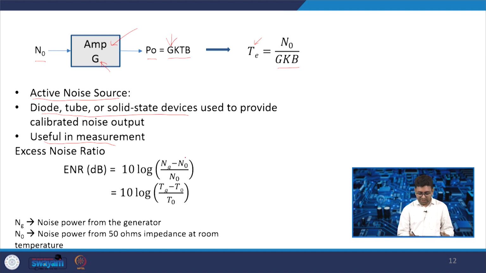Excess noise ratio is defined with respect to the temperature T naught, and the manufacturer can give the ENR of a certain active noise source. The equation is 10 log of (Tg minus T naught) by T naught. Here Ng is the noise power from the generator, which is the active source, and N naught is the noise power from a 50 ohm impedance at room temperature.